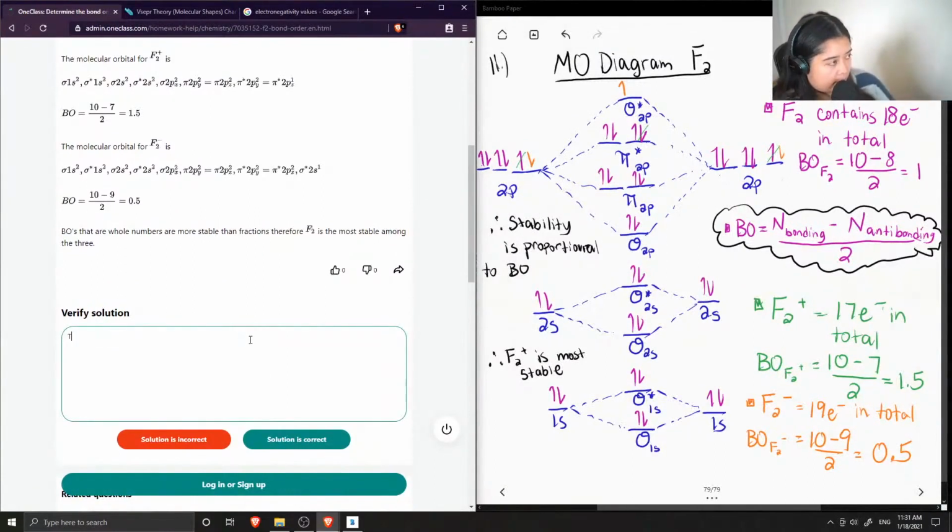So I'm just going to say that the solution is correct. I can also just mention that stability can be shown as proportional to bond order, making F2 plus the most stable.